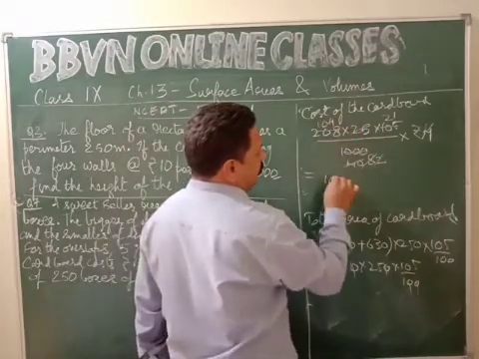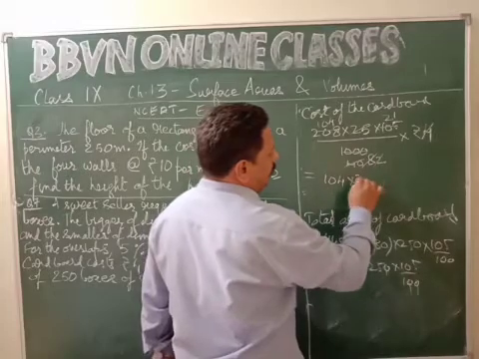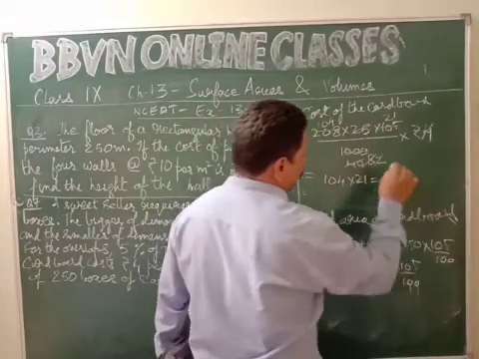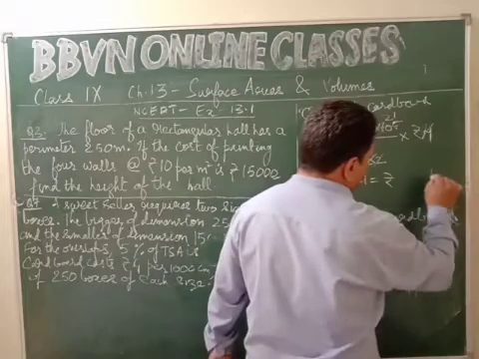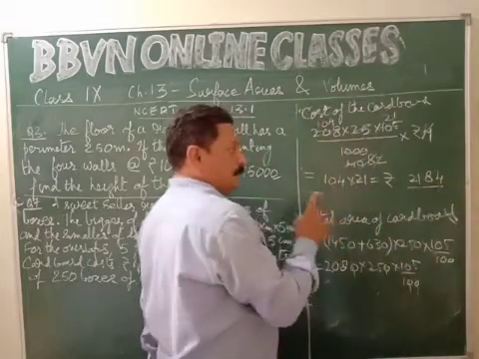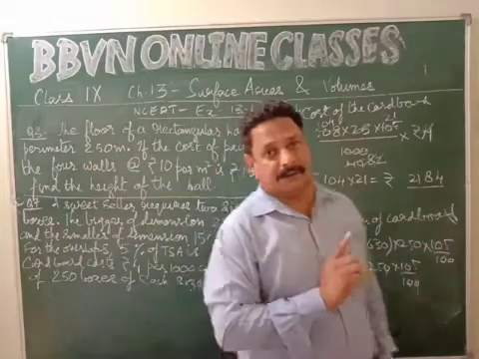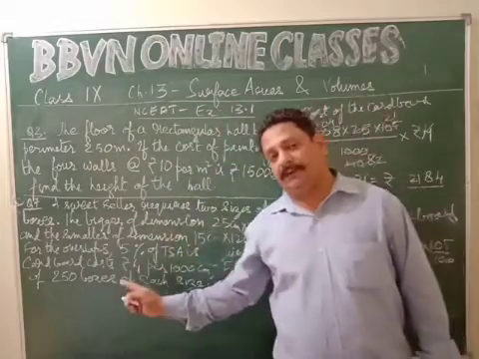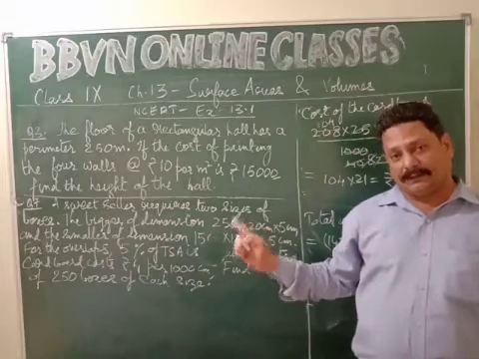Total cost is 104 multiplied by 21, equal to rupees 2184. This is the total cost of the cardboard that is required to make 250 boxes of each type.